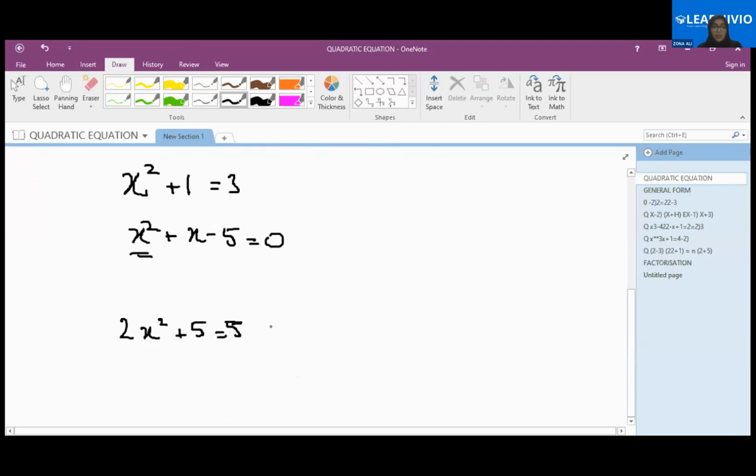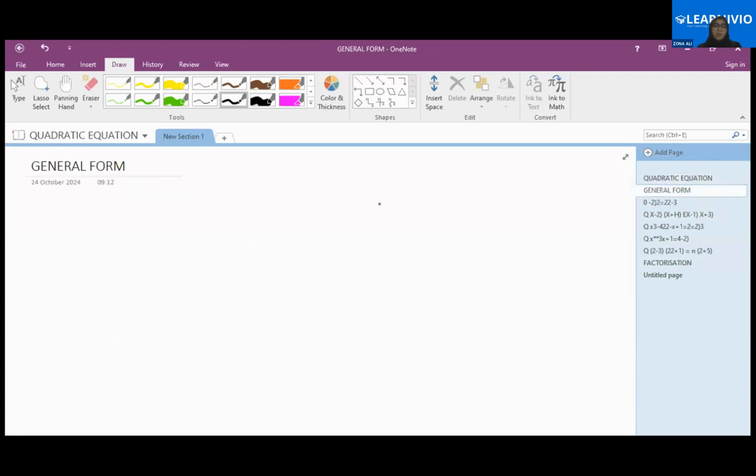Okay, this would be your example for quadratic equation. Now, what is the general form for quadratic equation? See, you told me that this is a quadratic equation. It is right.